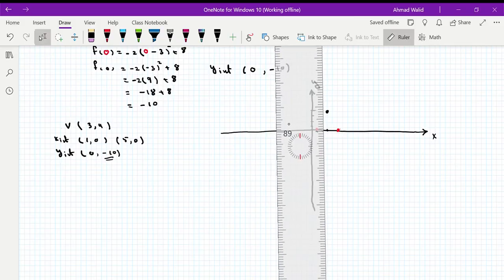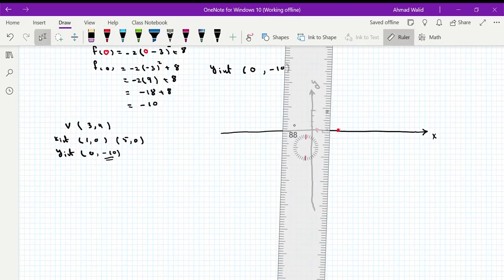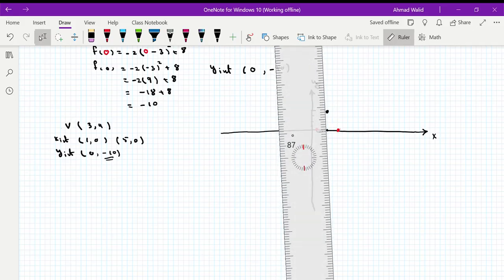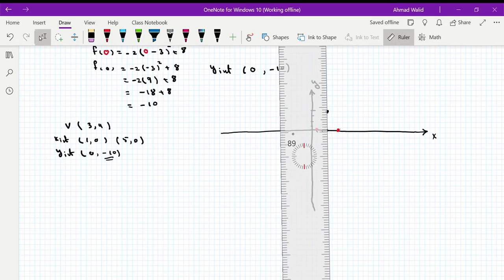Wherever the vertex is, draw a vertical dashed line from the vertex like this.